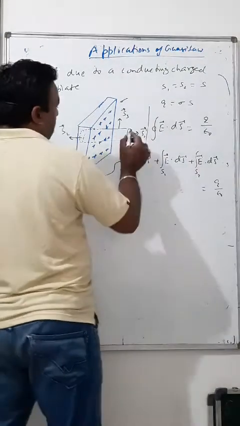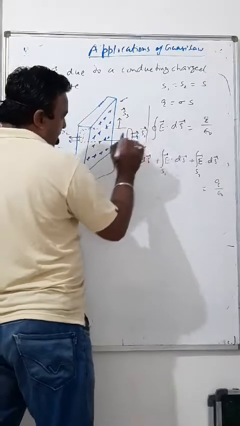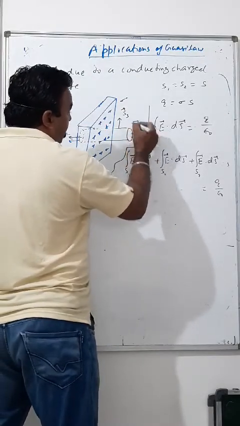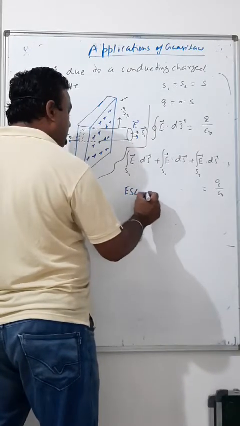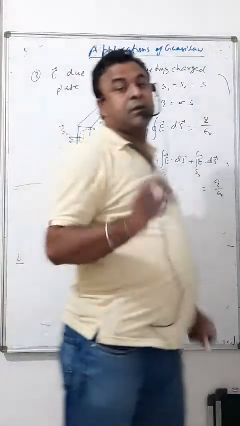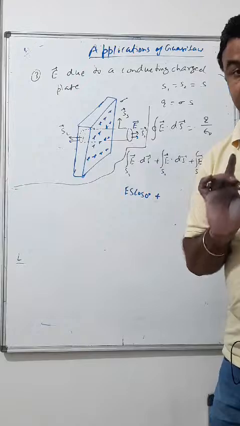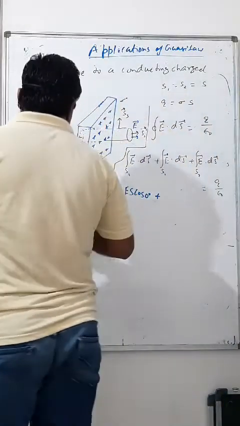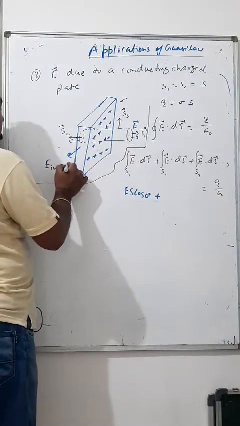Now, for S1 and for S2, look here. The interesting thing is that at this S1 there is some electric field and the angle is 0. I write ES cos 0. Inside the metal, the electric field is always 0. This is a fact, I'll explain it later. But inside the metal, I write E in is 0.